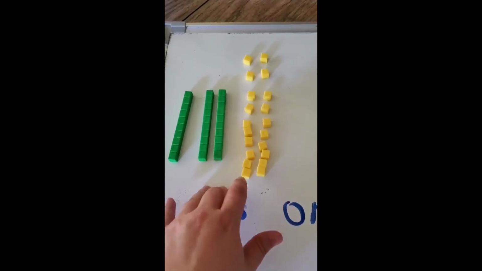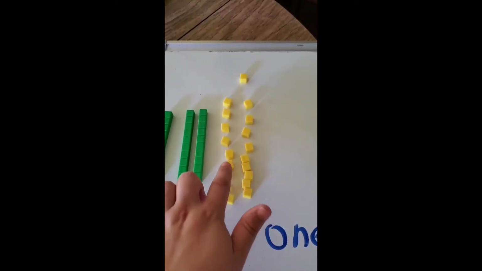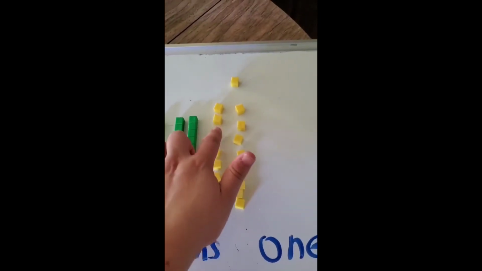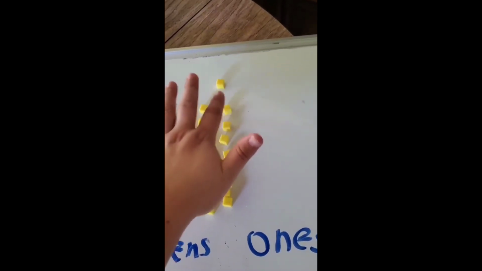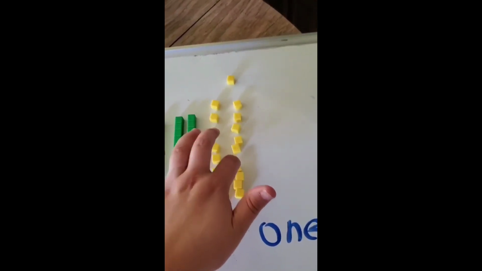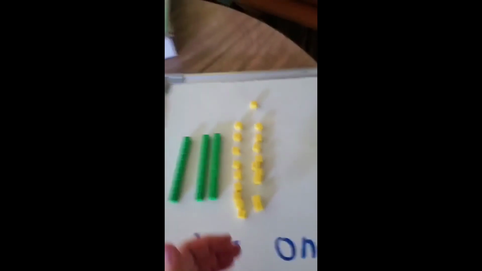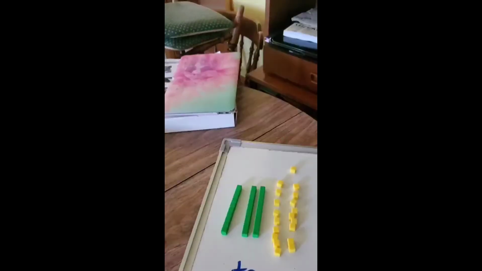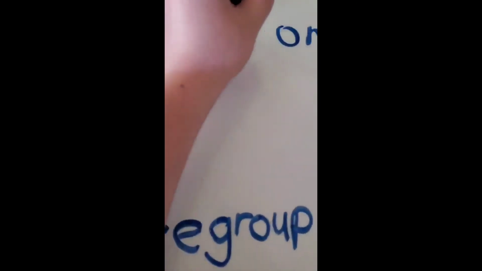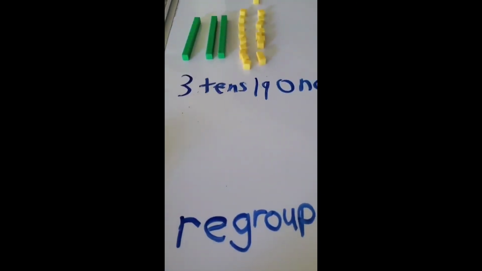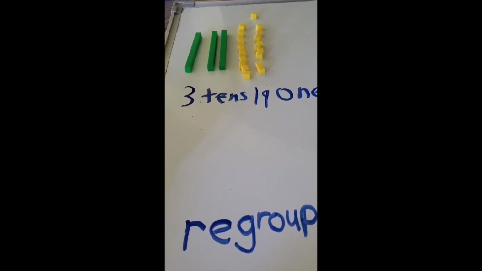Okay, and I'm going to help you count the 1s so that way you know how many there are. Ready? With me. 1, 2, 3, 4, 5, 6, 7, 8, 9, 10, 11, 12, 13, 14, 15, 16, 17, 18, 19. 19 1s. So we have 3 10s right now and 19 1s. What do we have to do? You're right.